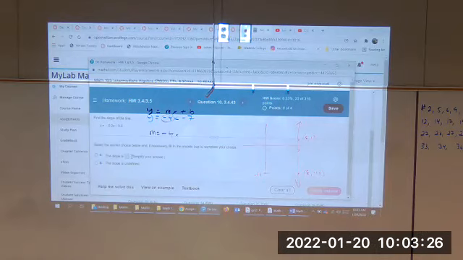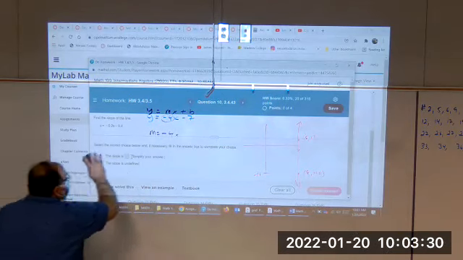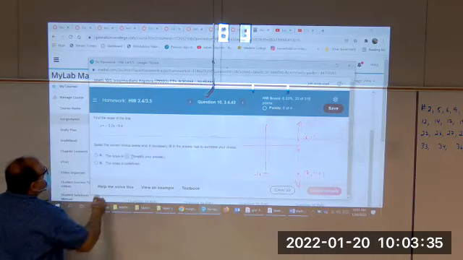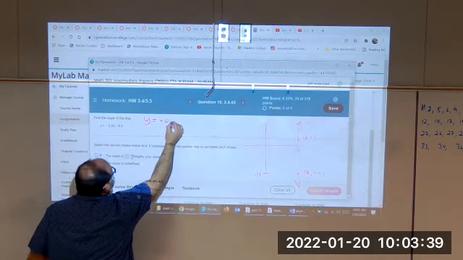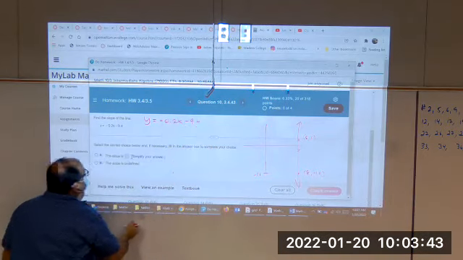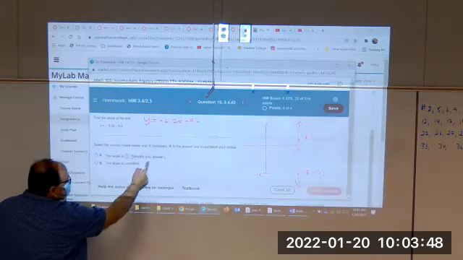And number 10. Now make sure you read and follow directions. We have y equals negative 0.2 times x minus 9.4. What's the slope? Okay. Simplify your answer.